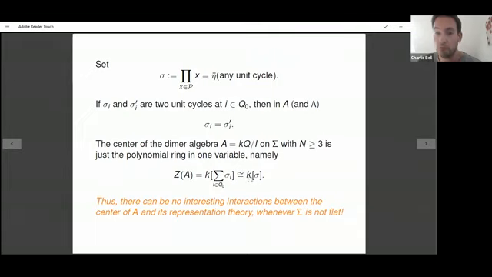So it's just a polynomial ring in one variable. Thus, there can be no interesting interactions between the center of A and its representation theory whenever sigma is not a flat surface. So if it's not a torus or a disk or annulus, something like this, we won't have any of these interesting interactions. So this is why we want to use Gorenstein algebras.